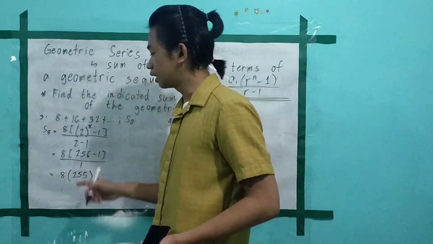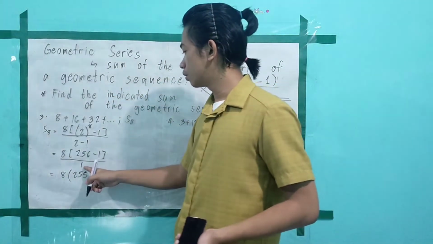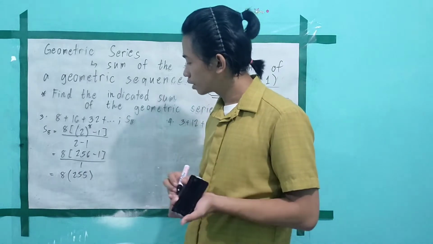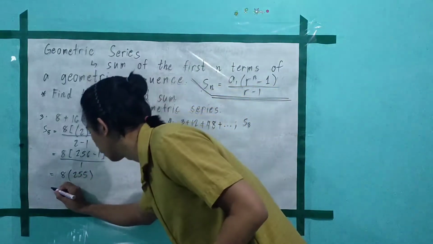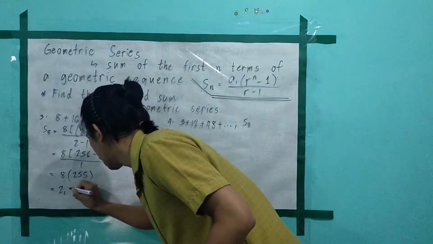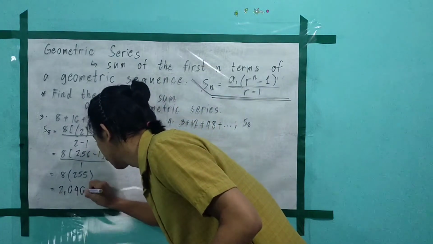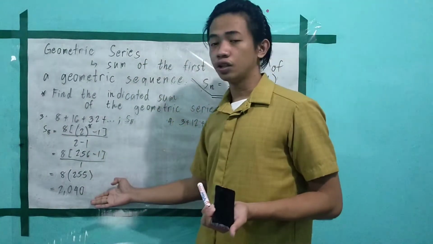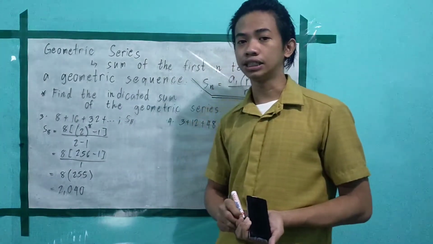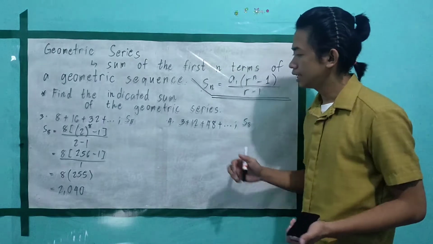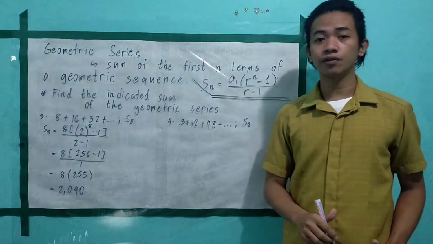Yan. Kahit hindi natin lagay yung over 1 dito. So, 8 multiplied by 255, we have 2,040. So, ayan, yung ating sum ng first 8 terms sa ating geometric series. Okay? Next tayo, problem number 4.